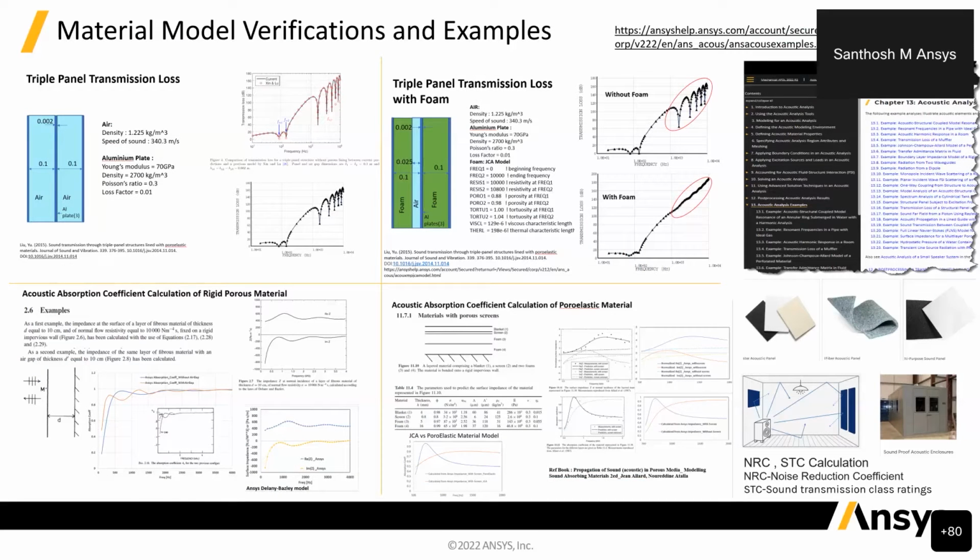And moreover, if you have a rigid porous material, this is the absorption coefficient, and if you have a piezoelectric screen type of material, we can calculate the absorption coefficient from Ansys. So these kinds of panels and soundproofing materials are used while designing studio acoustics or sound protection chambers inside the industrial setting.